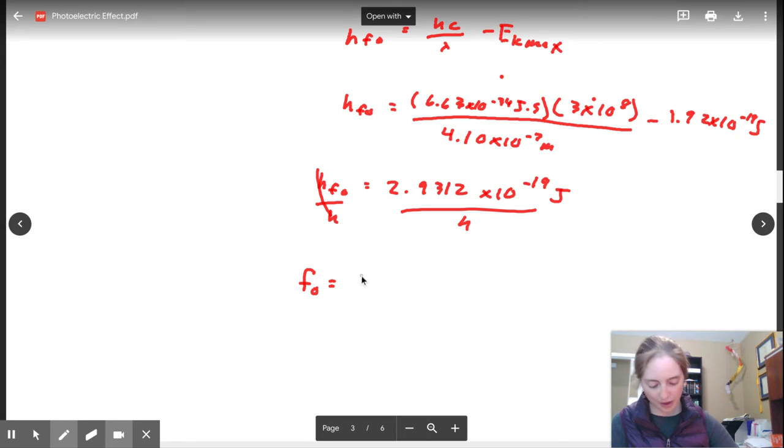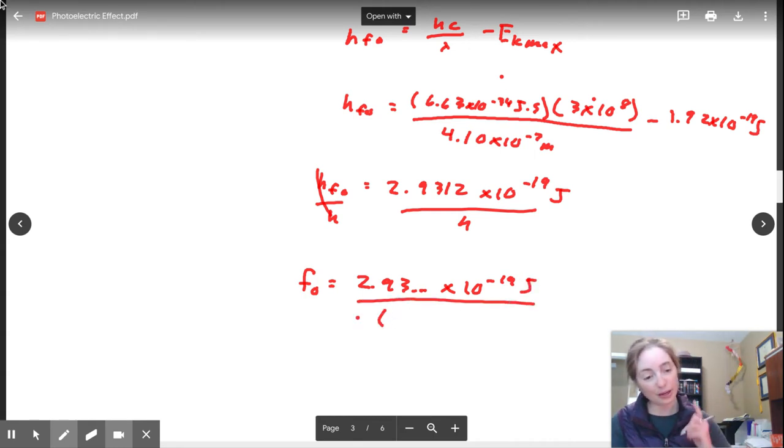So I've got my 2.93 times 10 to the negative 19 joules, and I'm going to divide that by, remembering you have to use the joule-based Planck's constant here, 6.63 times 10 to the negative 34 joule seconds. Now look at the units here. The joules cancel and we're left with 1/seconds, which is equivalent to hertz.